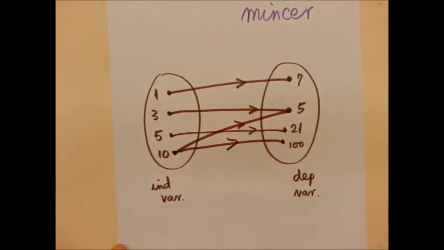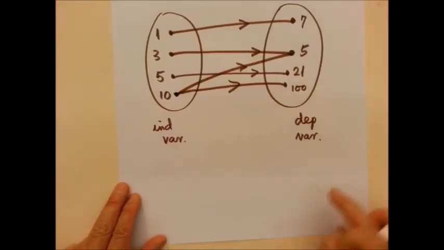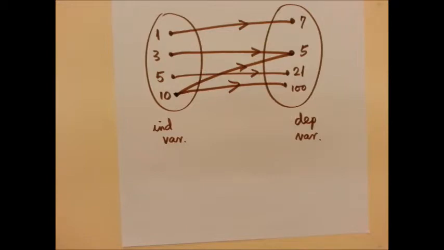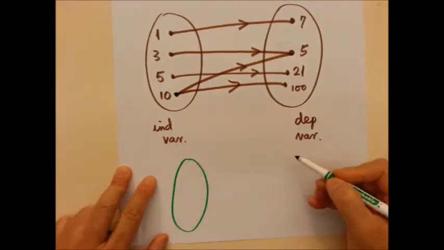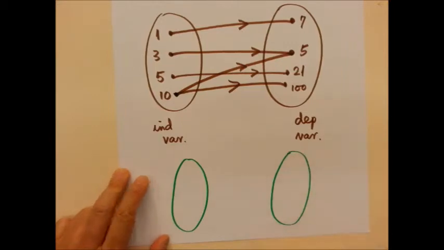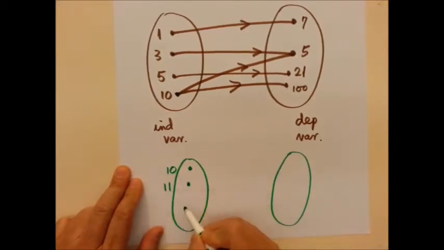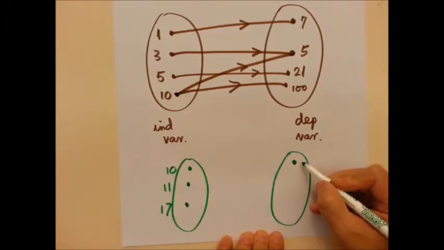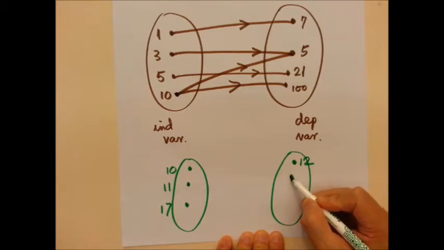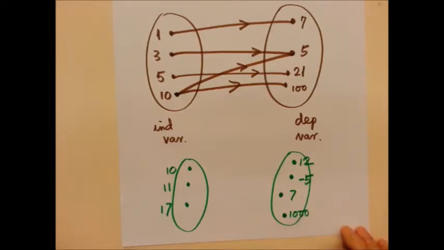And how about this one? A 10 here, 11 here, 17 here, and here is 12, minus 5, 7, 1,000.